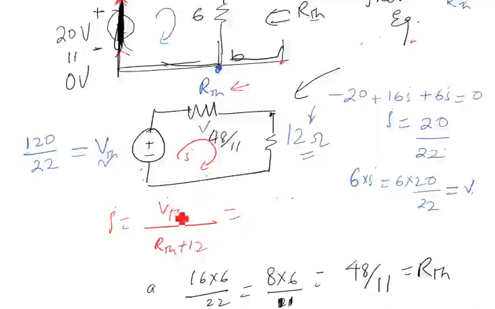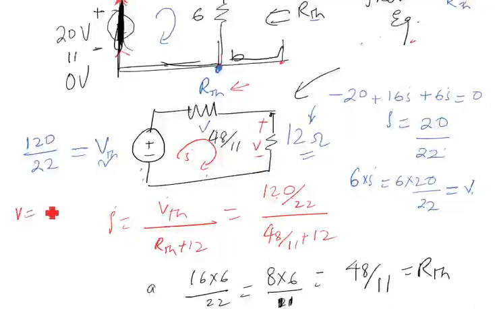So VTH is 120 divided by 22, and RTH is 48 by 11 plus 12. So this is the current across this. What is the voltage across this? Voltage is 12 into I. That's it. Whatever value you calculated, multiply it with 12.